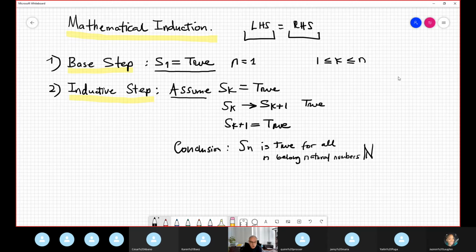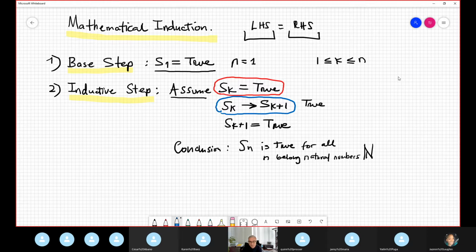This is a supposition. Then, under this supposition, using basic algebra, elementary algebra, you prove that this supposition implies, this arrow indicates implies, means cause and effect.